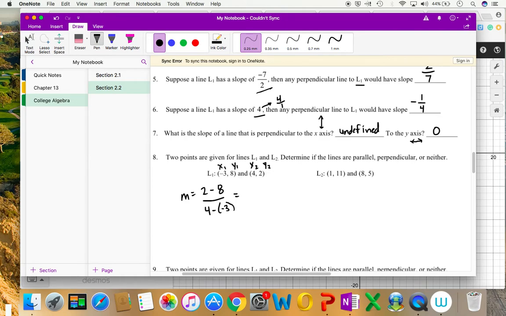So 2 minus 8 gives me negative 6. 4 minus negative 3 is 4 plus 3, which is 7. So my slope of this line is negative 6 over 7. Likewise over here, we're going to do 5 minus 11 over 8 minus 1. So 5 minus 11 gives me negative 6. 8 minus 1 gives me positive 7. They are the same slope. So I would say they are parallel.